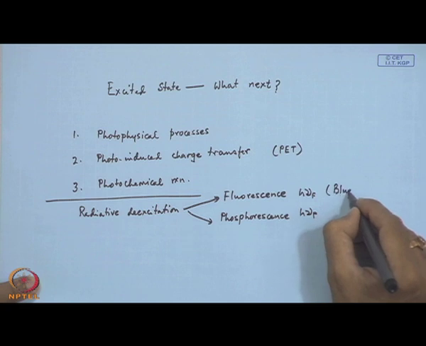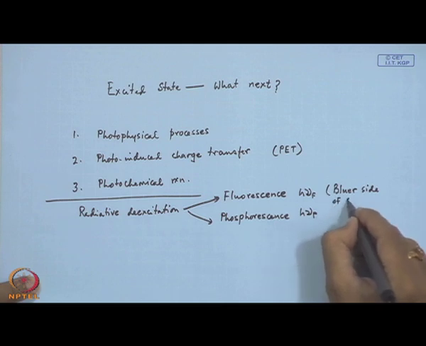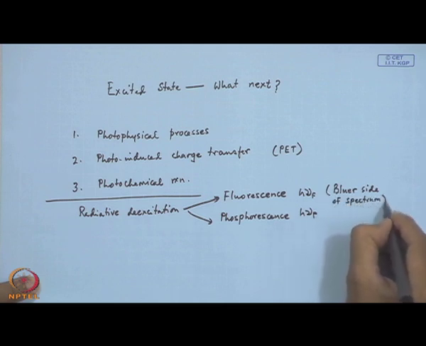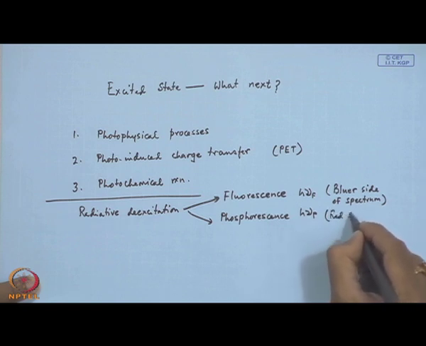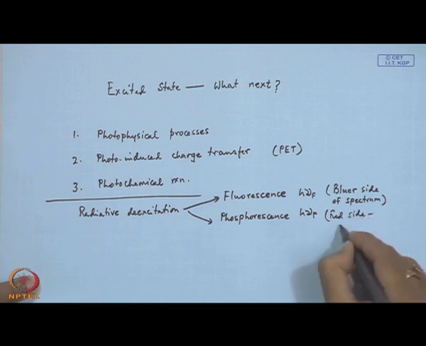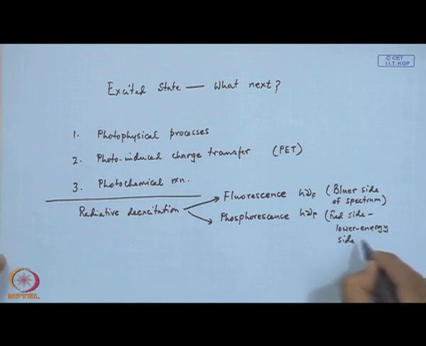Bluer side of the spectrum, and this is the redder side, that is the lower energy side of the spectrum. Of course, fluorescence is a spin conserved radiative process and phosphorescence is a spin forbidden radiative process.